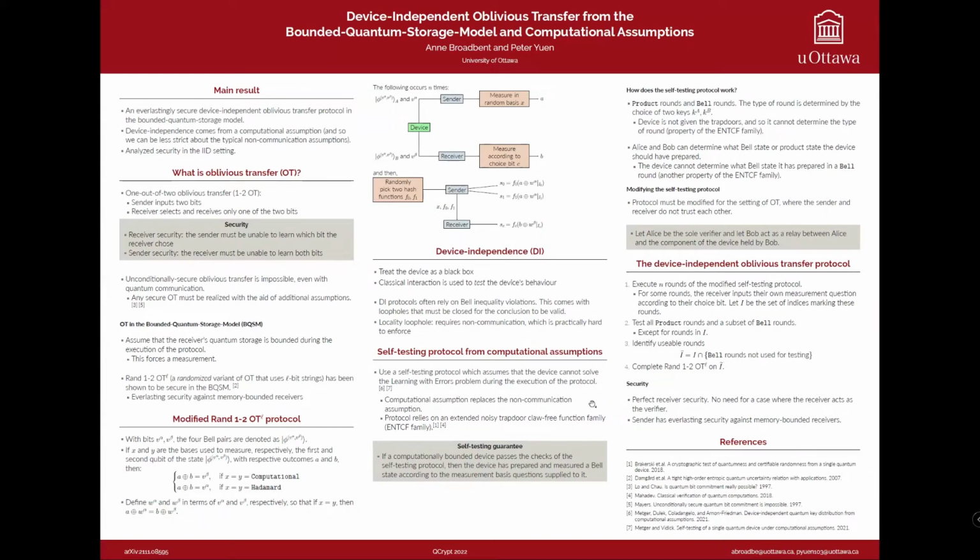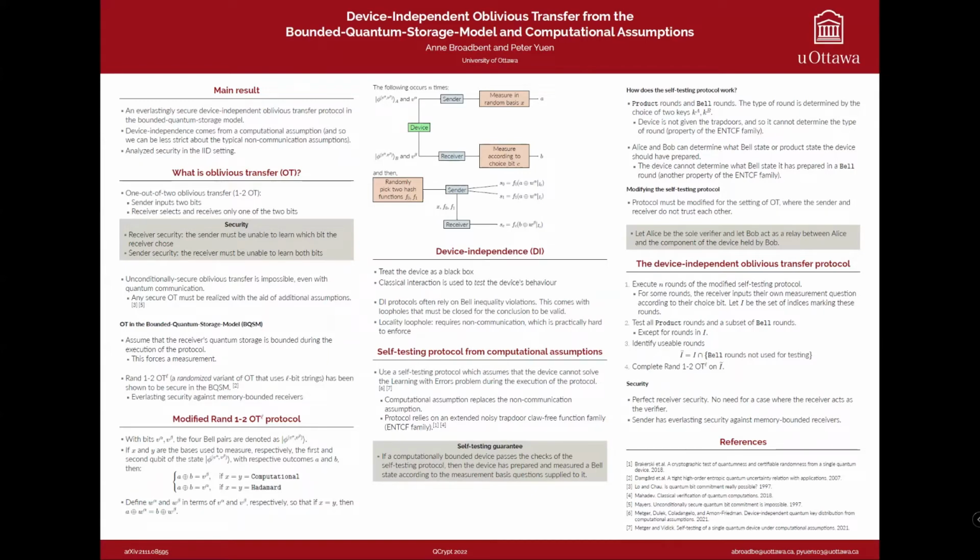So maybe a little bit of a peek behind the curtain of what's going on with this self-testing protocol is that there's basically 2 types of rounds that can occur. Some rounds the device will create a product state, and other rounds the device will create a Bell state.